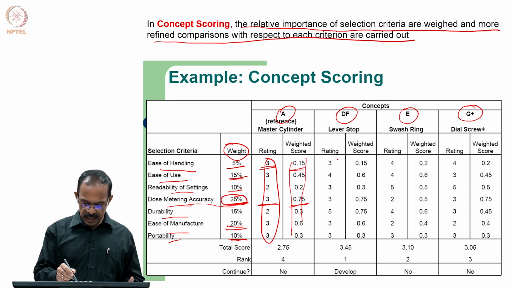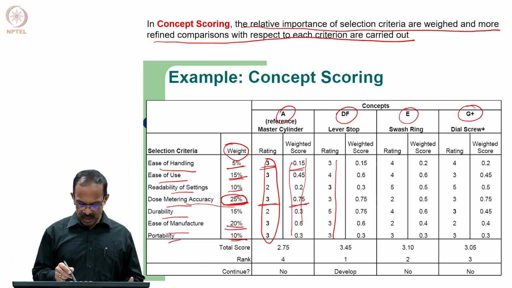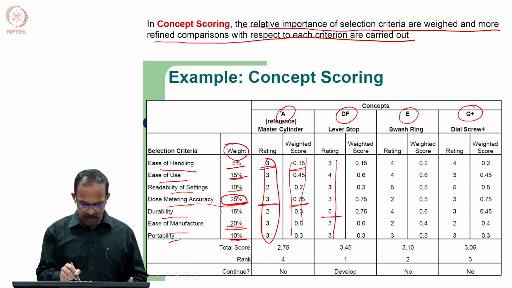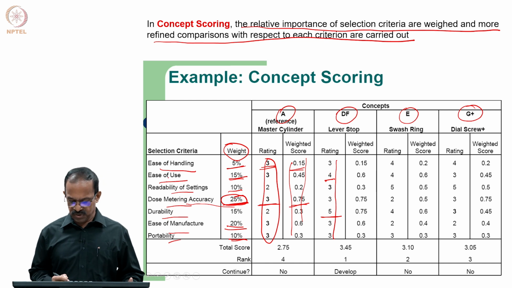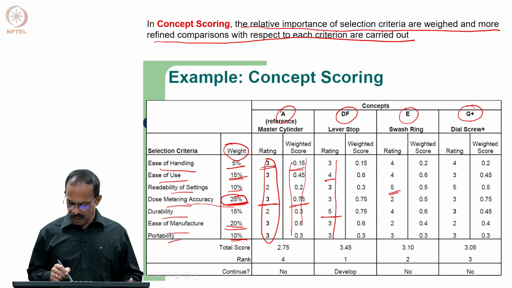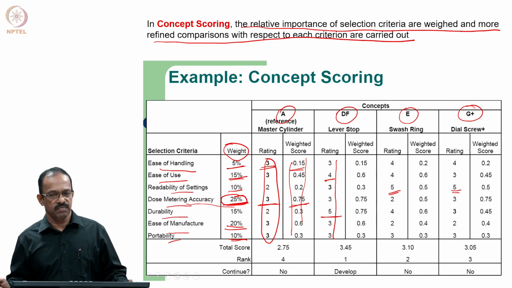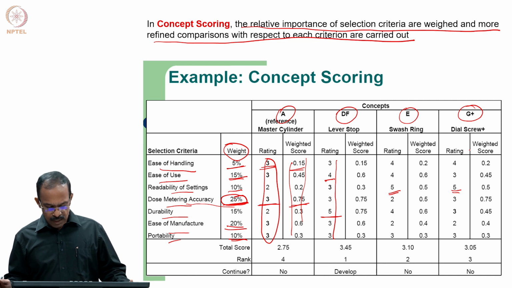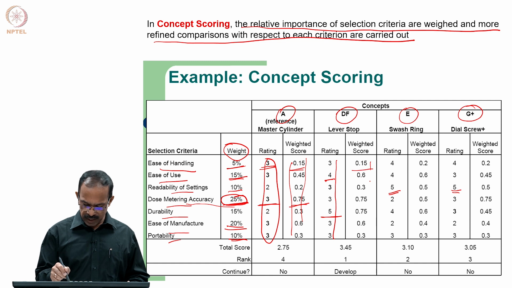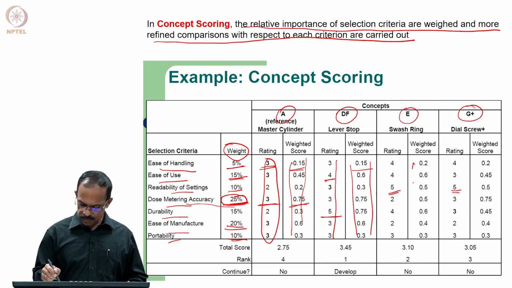Again you can give 3, 4, 5 and so on. You can see this lever stop has got a score of 5 for durability and 4 for ease of use. Here the readability is better in swashing, and here also the readability is good, so a rating of 5 is given. Now you multiply this rating with the weightage and get the weighted score.